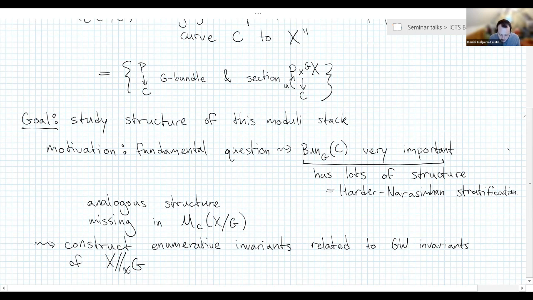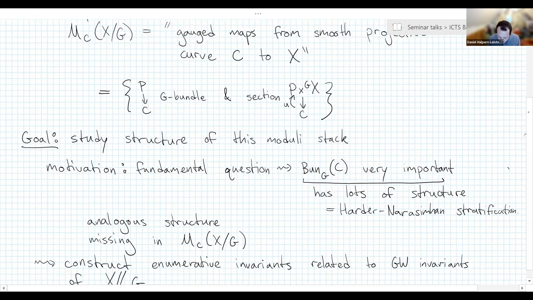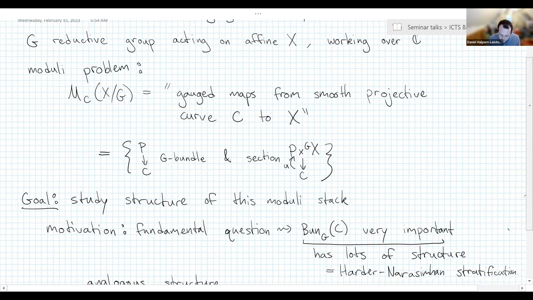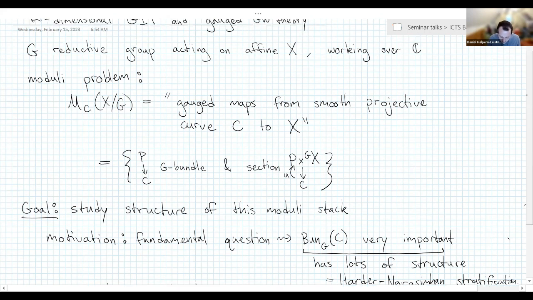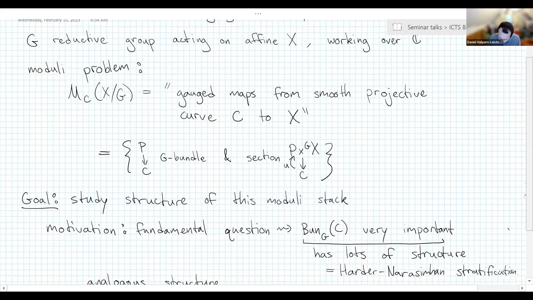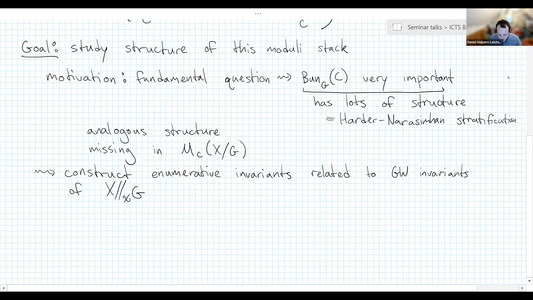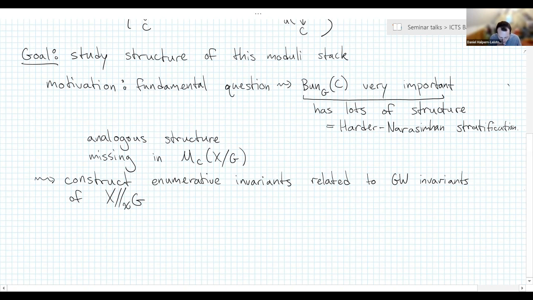This is one of the motivations why this thing has been studied quite a bit, especially from the symplectic geometry community. The idea is to construct using gauge theory a kind of Gromov-Witten invariant, an alternative to Gromov-Witten invariants, that you might be able to relate to the Gromov-Witten invariants of the GIT quotient. And this has been accomplished quite a bit in the work of Woodward and Gonzalez.